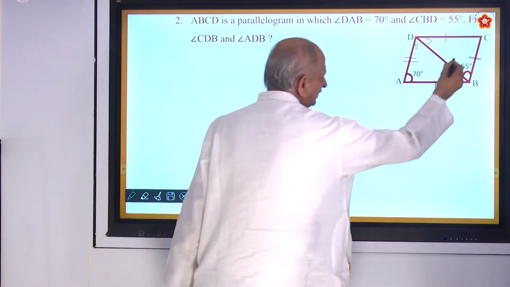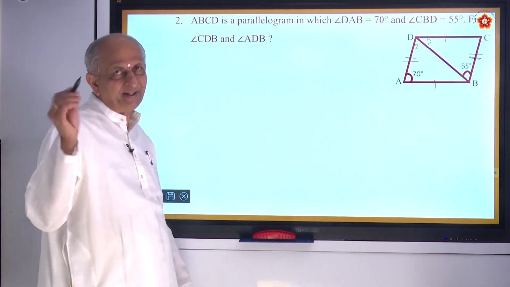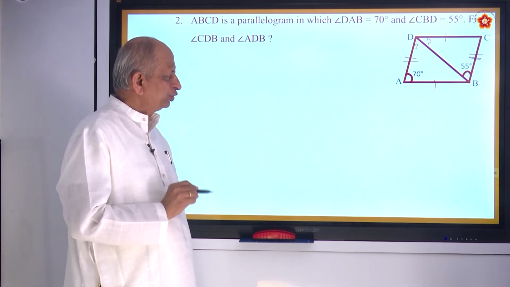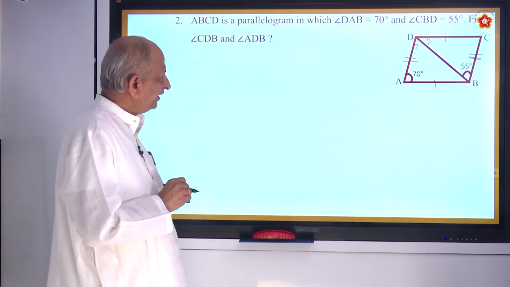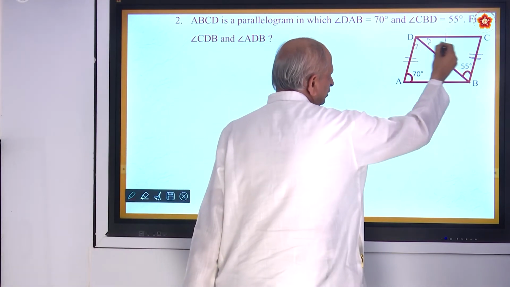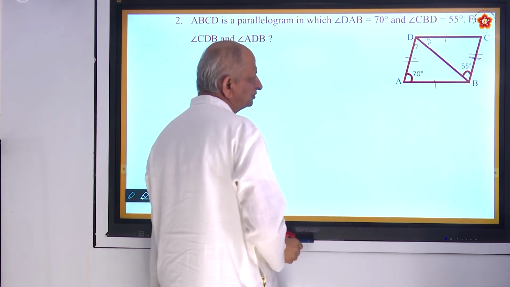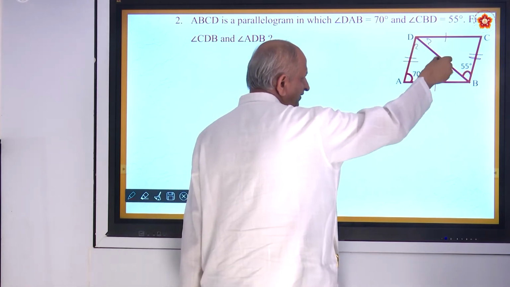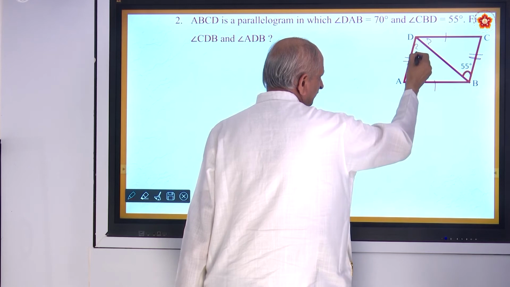So before you work it out, you must do it orally in the mind. For doing it in the mind, you should know the properties. So these two are parallel lines, and this line intersects, joining the opposite sides. So if this is 55, this also becomes 55.